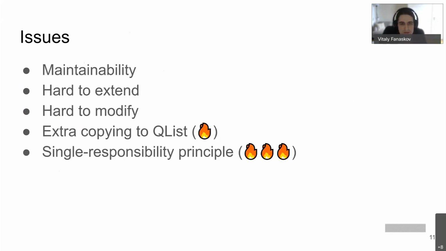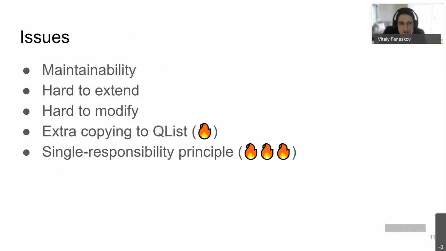The thing is that Qt gives some guarantees of binary and source compatibility between releases, and this is really hard, for example, to extend current methods or modify them somehow, because the release cycle is too long, like a few years, not even one release per year. And this is really complicated when you want to add something.